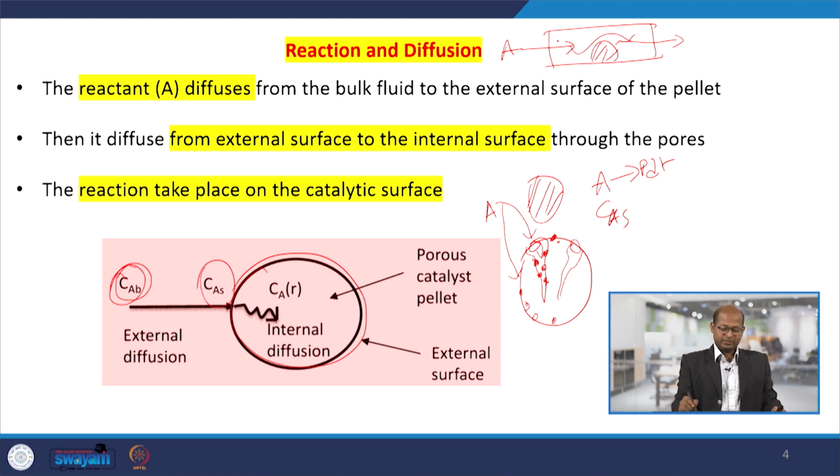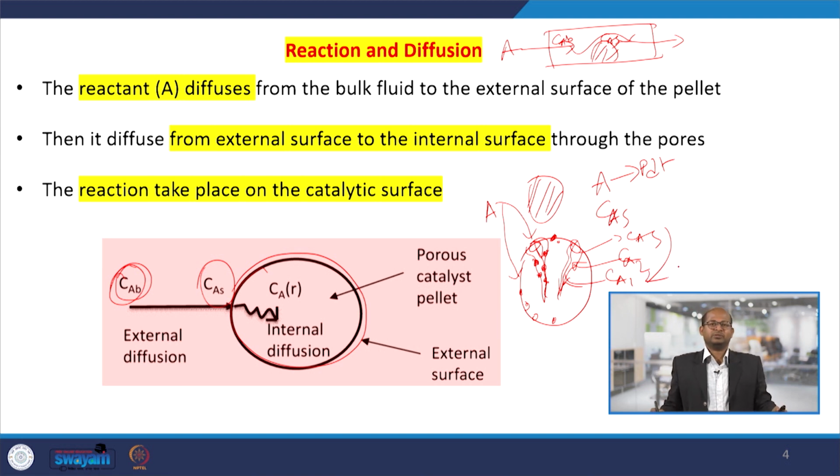So, this is the bulk concentration CAB, and this is CAS, the concentration at the surface of the catalyst particle that the reactant molecule reaches. Once it diffuses inside the pores, here CA at different locations, we can say CA1, CA2, like that, CAS. So, the concentrations from the surface to inside the pores are not the same. Molecules diffuse through this catalyst particle.